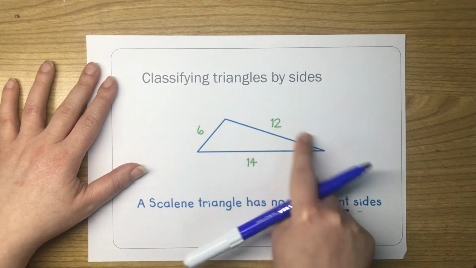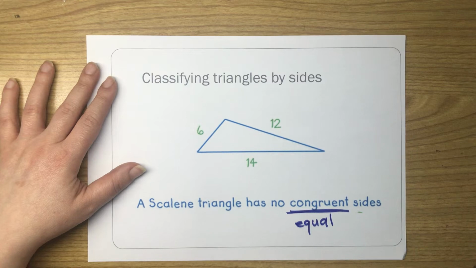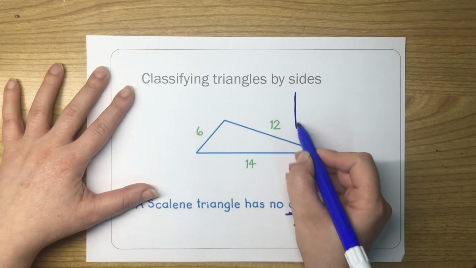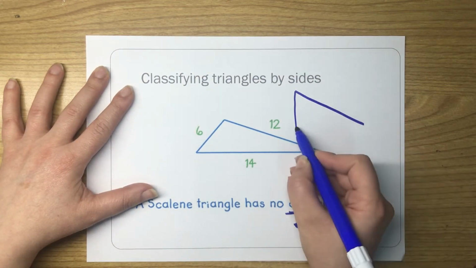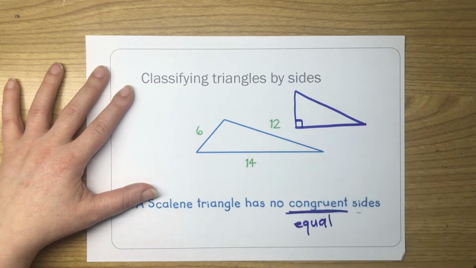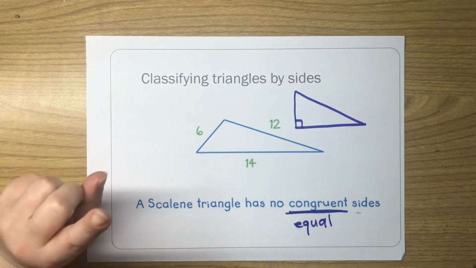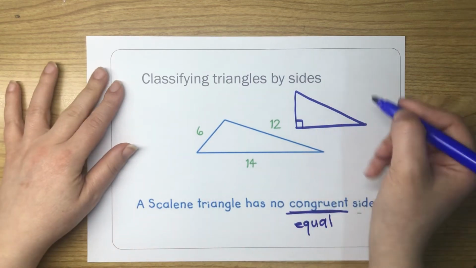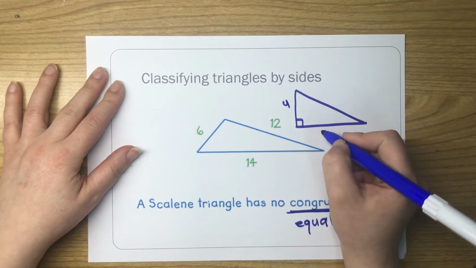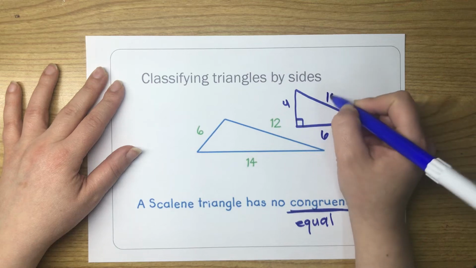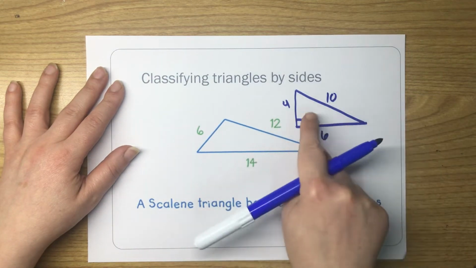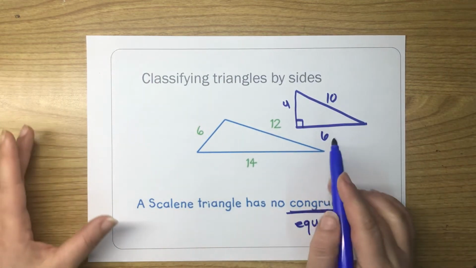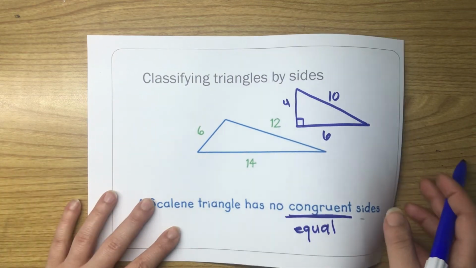Yes, a right triangle can be a scalene triangle, because let's say this is 4, this is 6, and here is 10. So this is a scalene and a right-angled triangle. So I can name it 2 different ways.